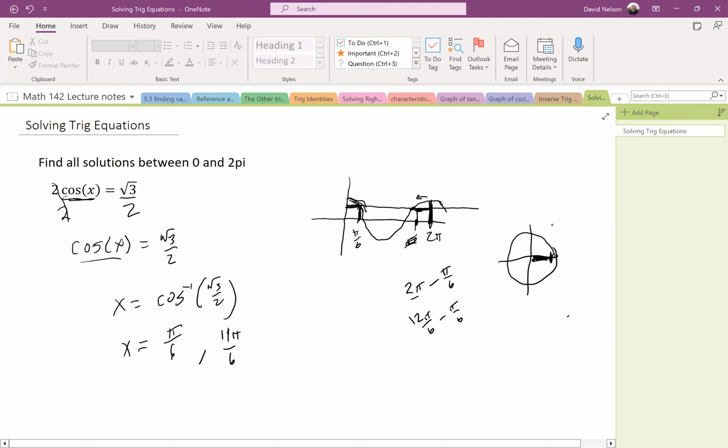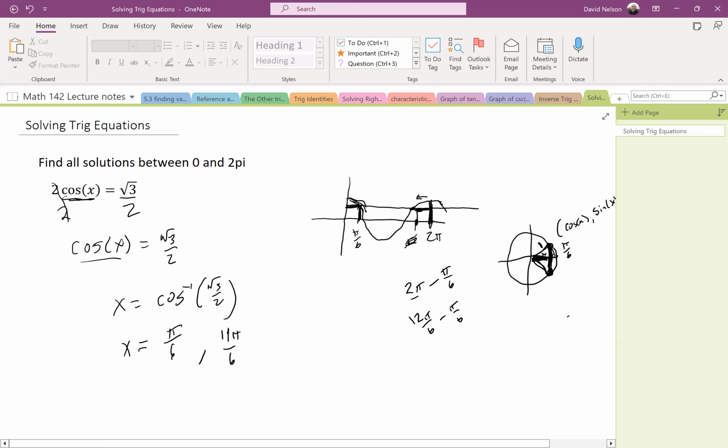If you look at any point on the unit circle with radius 1, the x coordinate is the cosine of the angle, and the y coordinate is the sine of whatever angle you're looking at. What I'm trying to do is find the two values in 0 to 2 pi, that's one revolution around the circle, where you get a value of root 3 over 2. And I know one of them is pi over 6 because that's one I've got memorized.